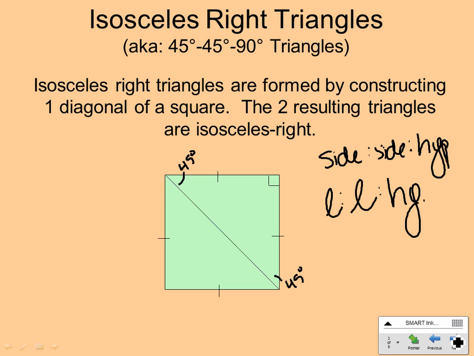And usually we'll see leg to leg to hypotenuse. Okay, any questions so far on isosceles right triangles?